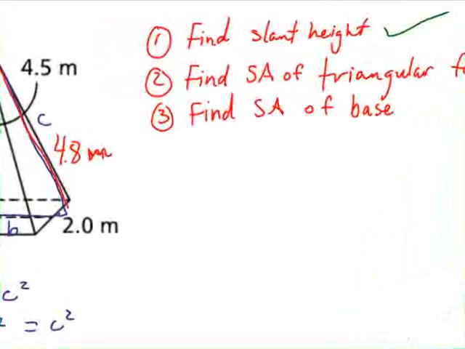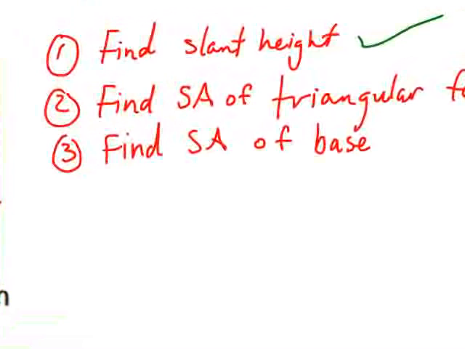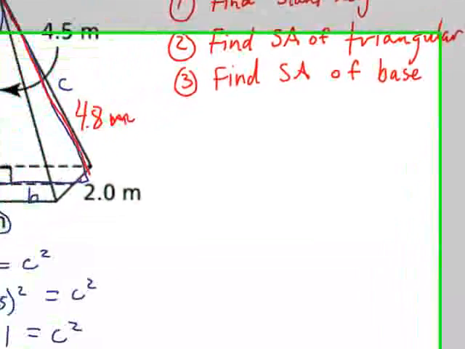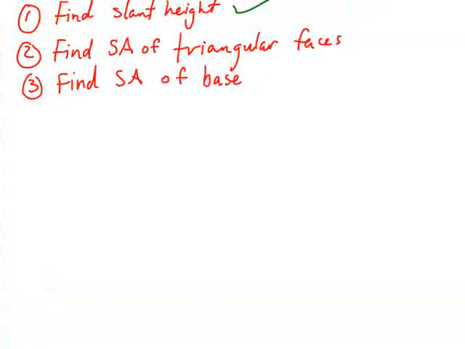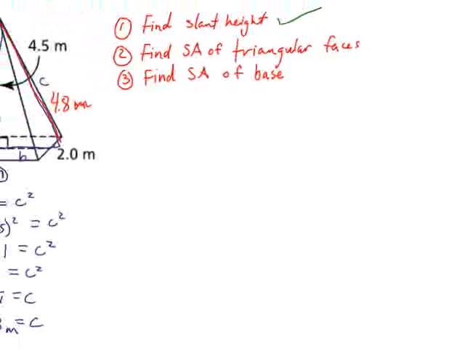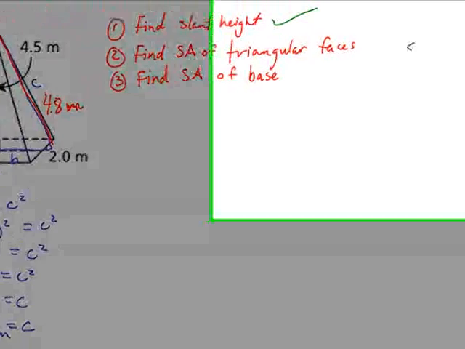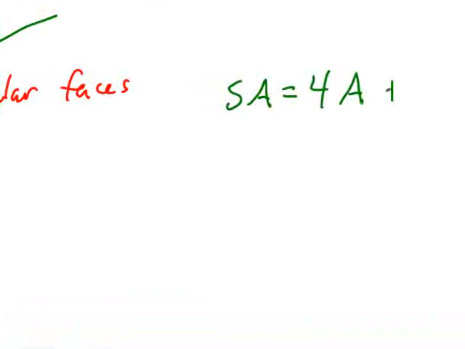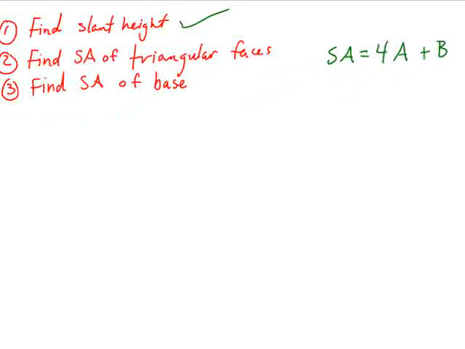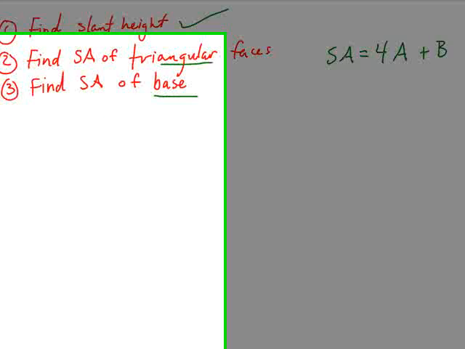Moving on to the second step, where we have to find the surface area of each triangular face. Let's start by writing the formula of the surface area of a pyramid just up and out of the way so we can see it. So surface area equals 4a plus b. A being the surface area of a triangular face, and b being the surface area of the base.